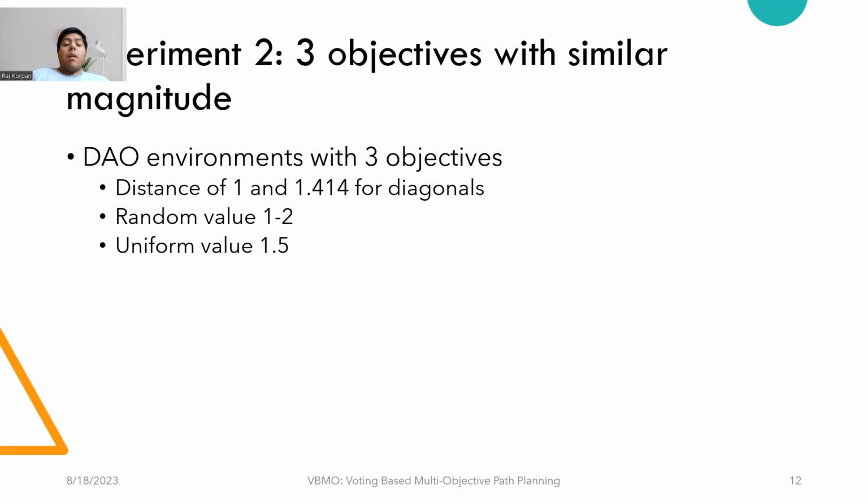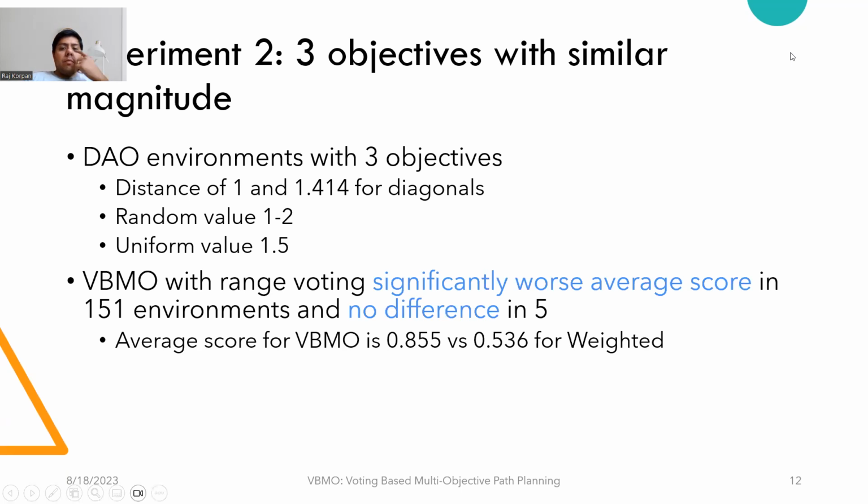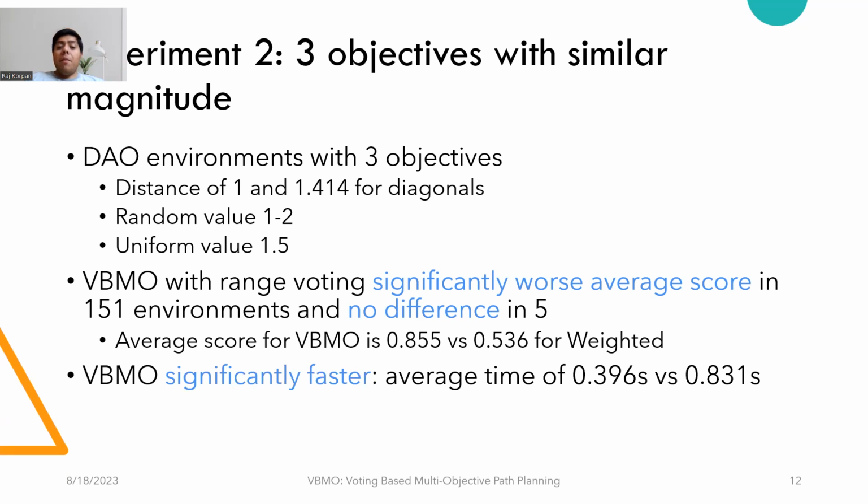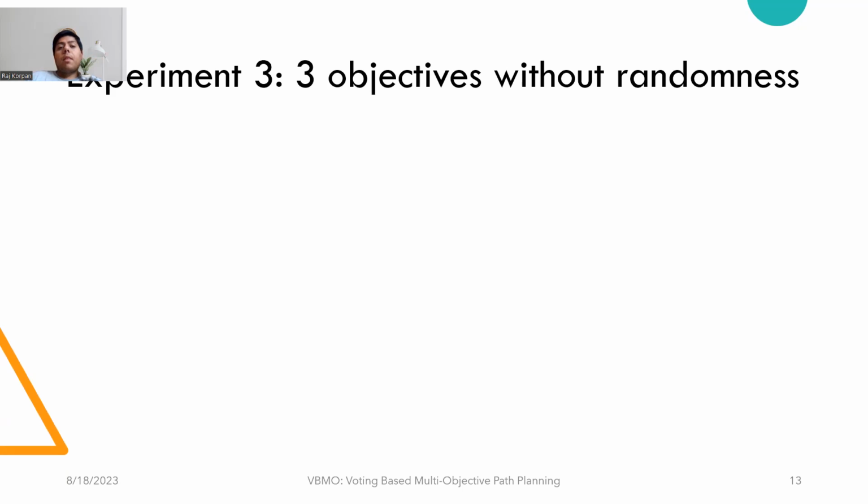So an objective that has the ability to have a much larger magnitude can overwhelm the distance and uniform objectives when they're equally weighted. So this experiment is to give all 3 objectives an equal footing so that the weighted single objective planner has a chance. And in this experiment, VBMO actually performed significantly worse in terms of its score. However, it was still significantly faster than weighted.